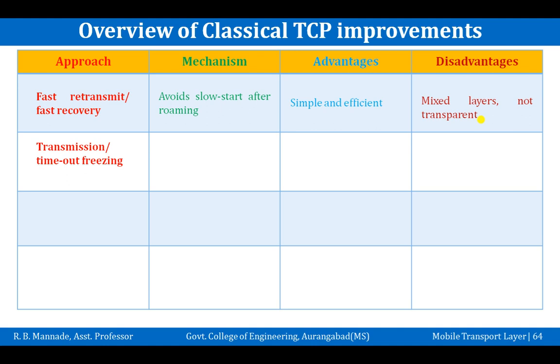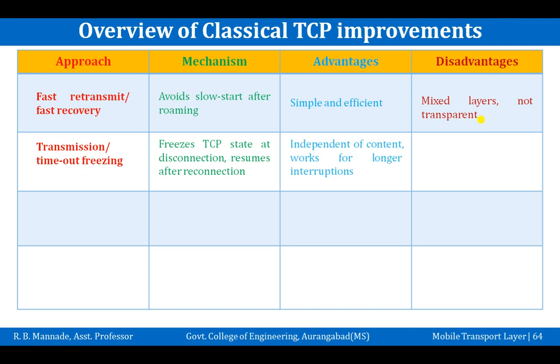Then transmission or timeout freezing. In this particular approach, whenever there is a too long disconnection of the mobile node from the network, TCP is frozen until the mobile node regains the connectivity.